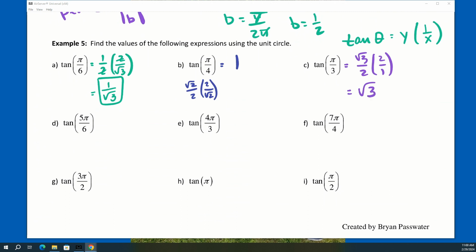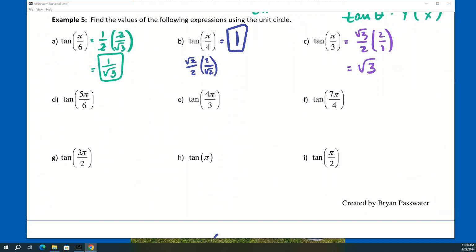All right. So for the special angles that are slanted, that lie inside the quadrants, these are the 3 answers you're going to get for tangent. It's either going to be these 3 or the negative versions of those 3. But that's always going to happen for a tangent inside of the unit circle, not the horizontal and vertical angles. All right, so let's look at 5 pi over 6.